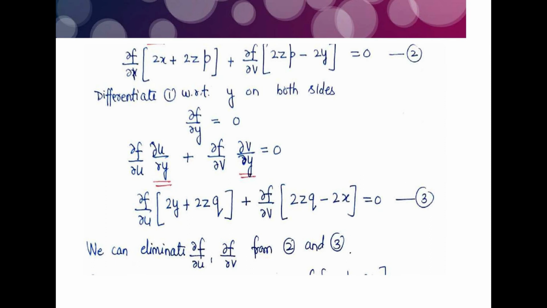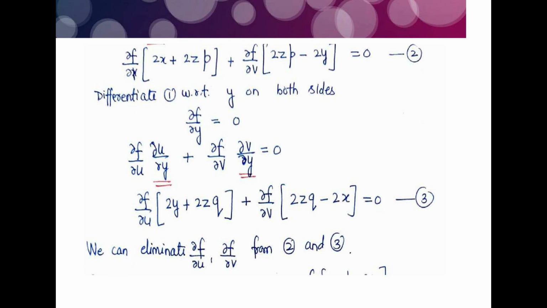So we have equation number 2. Now on the same lines we differentiate 1 with respect to y. We have derivative of f with respect to y is 0, and now we have partial derivative of u with respect to y and partial derivative of v with respect to y.